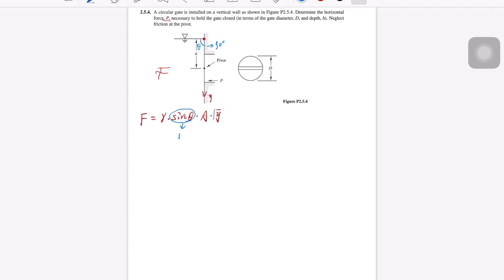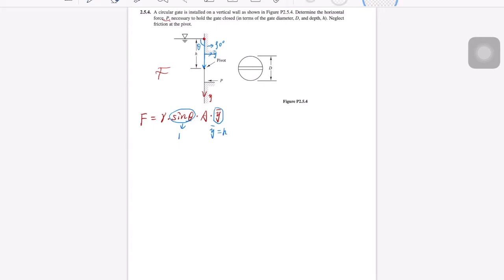And y bar is the distance measured from the x-axis to the centroid of the gate. Since this is a circular gate, the centroid of the gate is the pivot. So this is the y bar. We can see that y bar actually equals h.